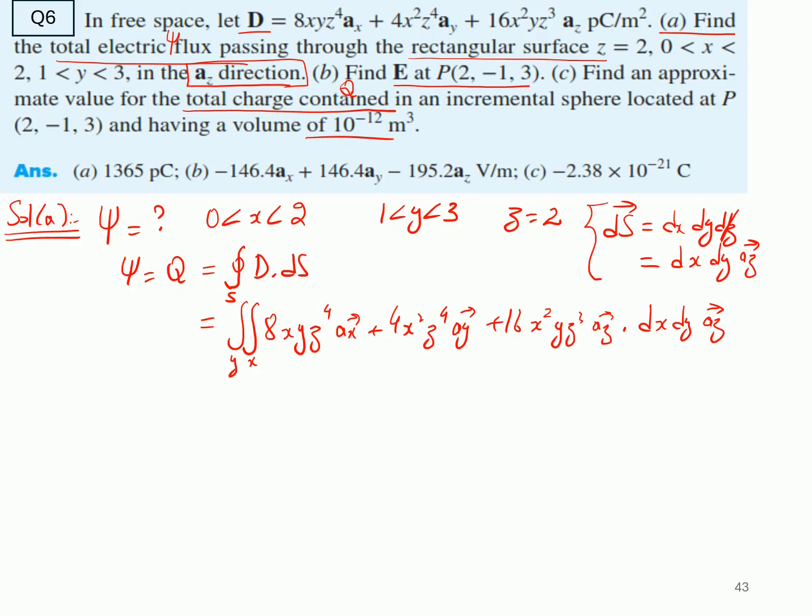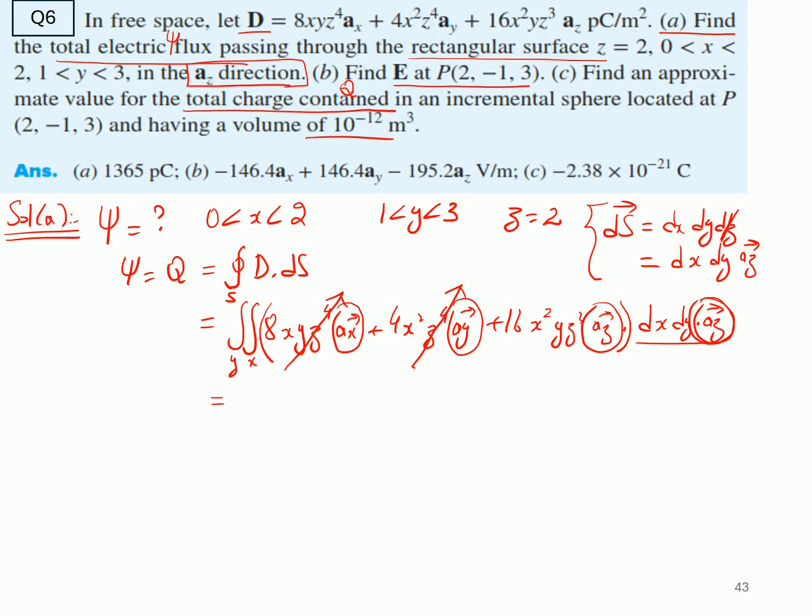Before we proceed with the double integration, we need to eliminate a few things. This is multiplied with the differential element, which has a unit vector of a_z. We know that the dot product of az with ax is equal to 0, and ay with az is equal to 0. So this term cancels out, and this term cancels out. We are only left with the third term because the dot product of az with az is equal to 1.